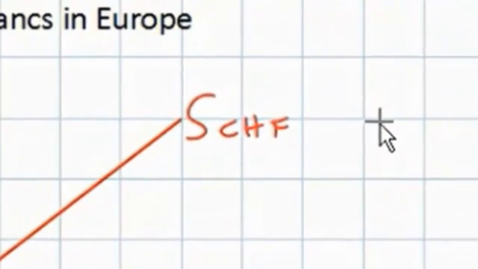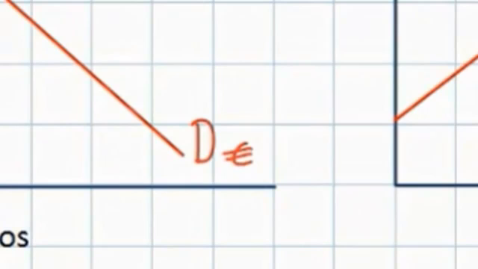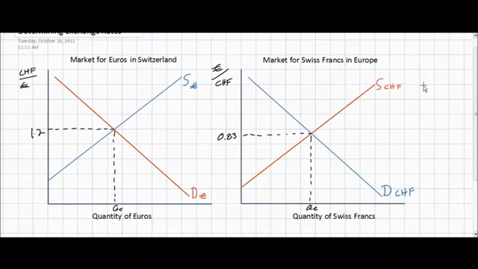Notice that the supply curve in this market is red, just like the demand curve for the market for euros is red. The reason both lines are red is that they both represent Swiss households. Whereas Swiss households, Swiss individuals, demand euros, they are the suppliers of Swiss francs in European countries. In order to buy European goods, Swiss individuals must supply Swiss francs to the European foreign exchange market.